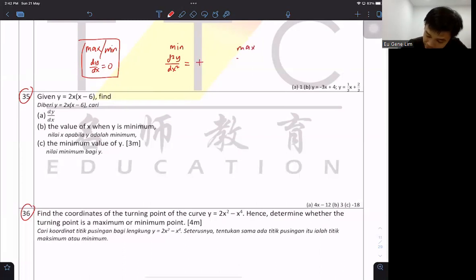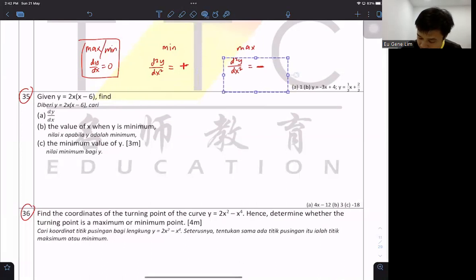For maximum, d square y dx square is negative. Take notes first, you copy.